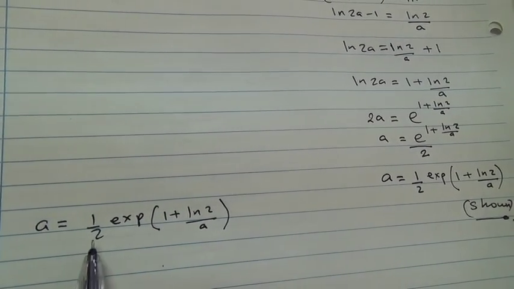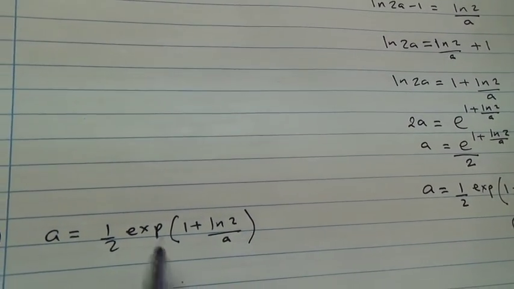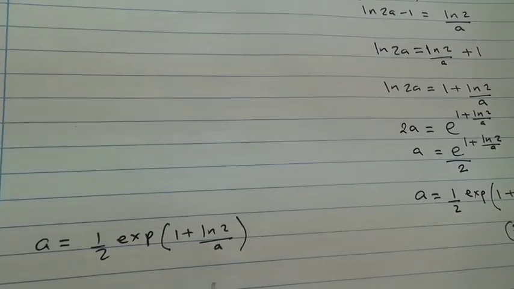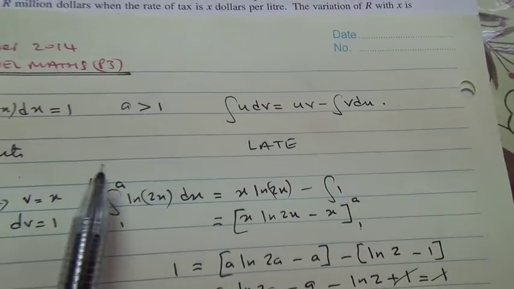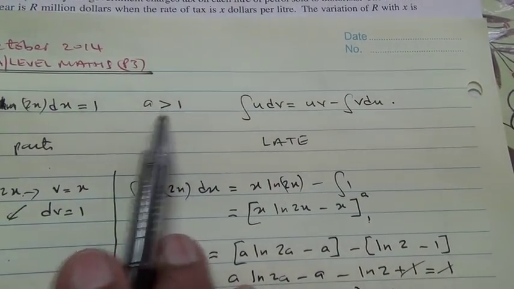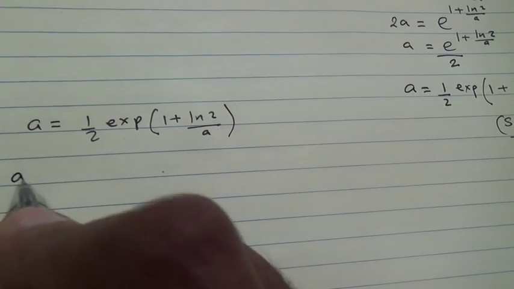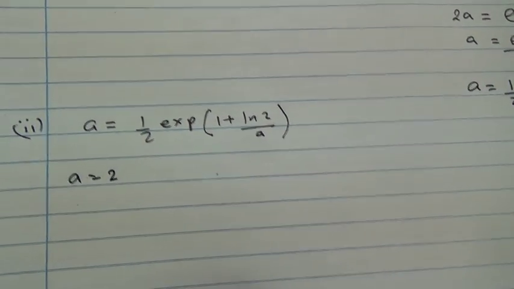Now what will be the first value of a? We are further told that a is greater than 1, so the value we can think of after 1 is 2. Therefore let us say the initial value of a is going to be 2.